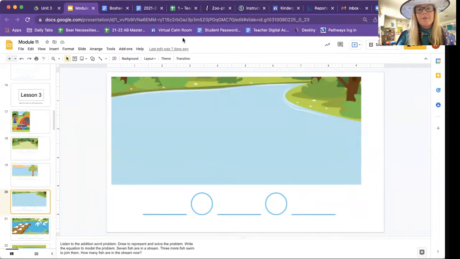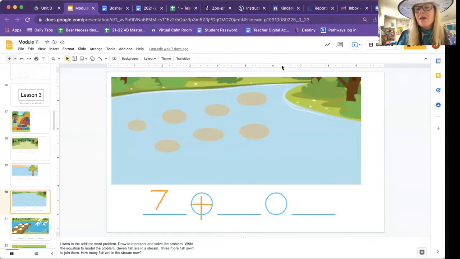So we're going to draw our picture. And we're going to draw 7 fish are in the stream. 1, 2, 3, 4, 5, 6, 7. 7 fish are in the stream. So our first number is going to be what? And it's addition, plus.